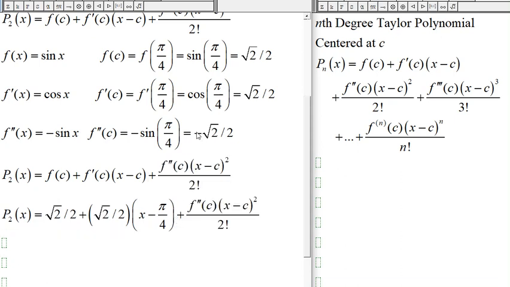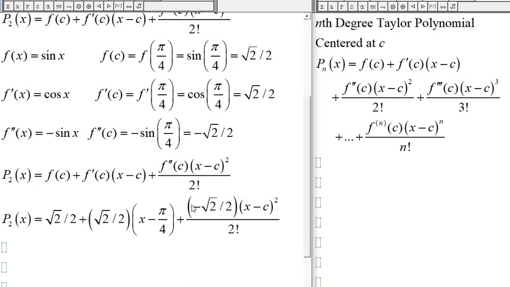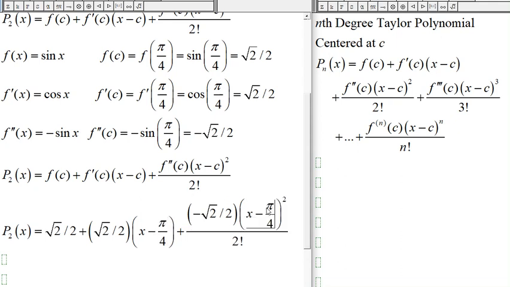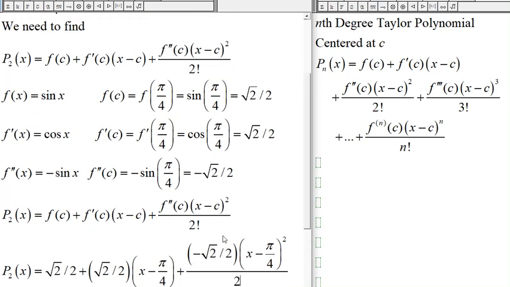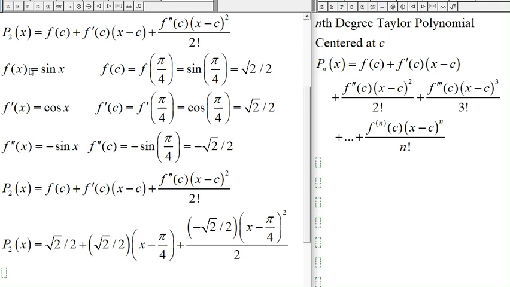The second derivative at c is negative square root of 2 over 2. And then in the place of c, we have pi over 4. And then 2 factorial is just 2. And so this is what we call a second degree Taylor polynomial representing the function sine of x.